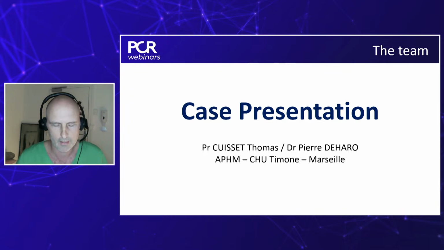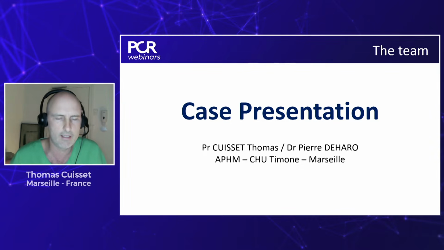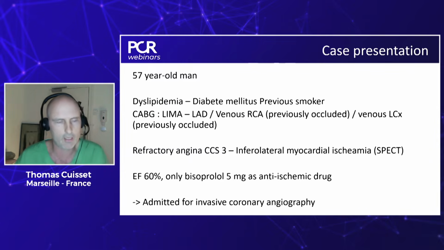Yeah, thank you. So that's a case which was admitted in our institution in Marseille, and as you will see, we recorded the case in our cath lab. So it's really, let's say, a usual candidate. It's a quite young patient, 57. He has the usual risk factors. He's a diabetic patient. He stopped smoking a few years ago, and he had prior revascularization.